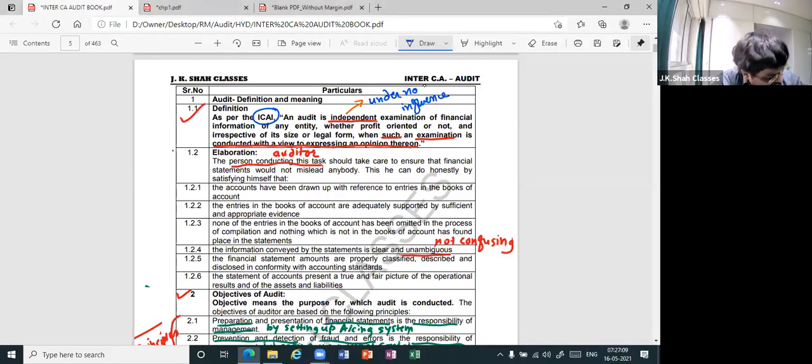I want you to read this elaboration part. It is not for learning, but just for reading. Just read, see whether you understand or not.